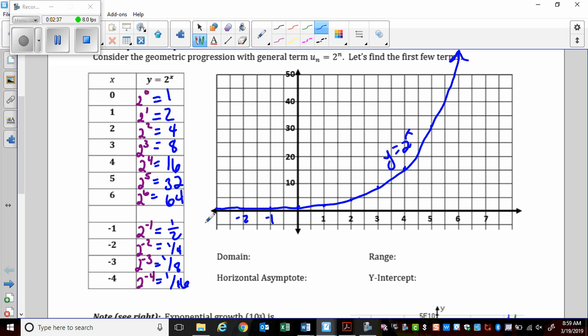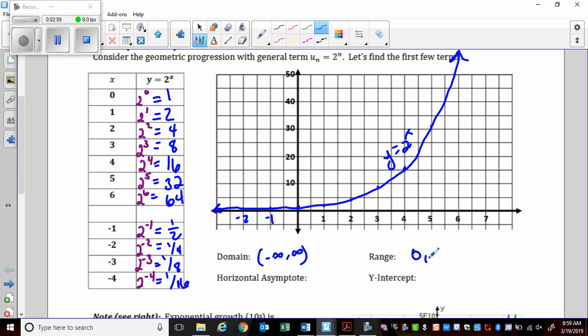The domain, even though sometimes it kind of gets hidden with this x-axis, it is going to keep going to the left. So it's going to be -infinity to infinity. These are my x values. There's no restriction of any x I cannot plug in for this function. My range is never going to even touch 0.